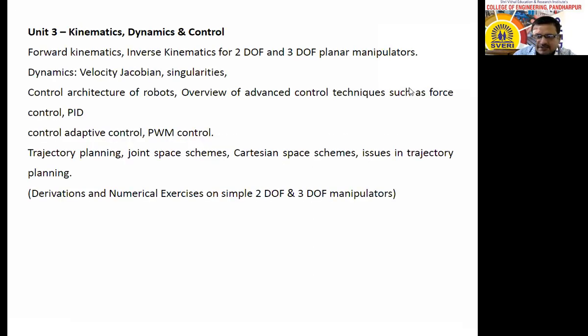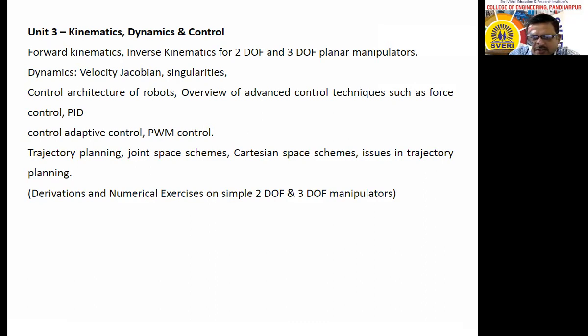Now this is the syllabus. Kinematics, dynamics and control. Forward kinematics, inverse kinematics for 2 degree of freedom and 3 degree of freedom planar manipulators. Then dynamics, in that we are going to study velocity, Jacobian, singularities. Then control architecture of robots.